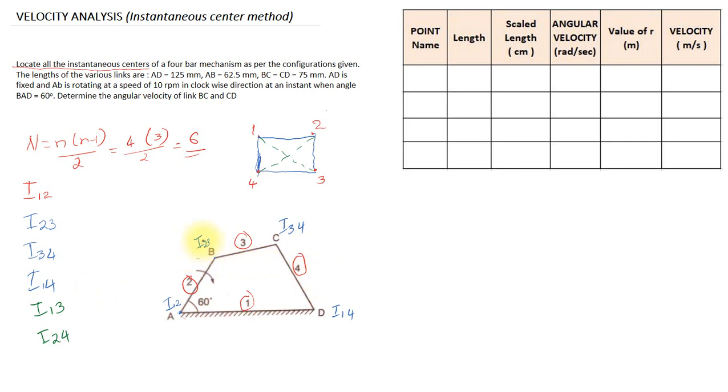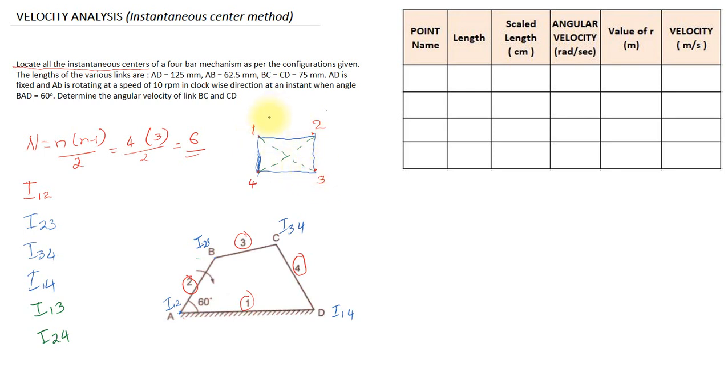Okay, so now I will show you how we can mark the neither fixed nor permanent instantaneous centers. You can see I13. How can I mark this I13? While checking, you can see that there are two ways to reach point 3 from point 1.